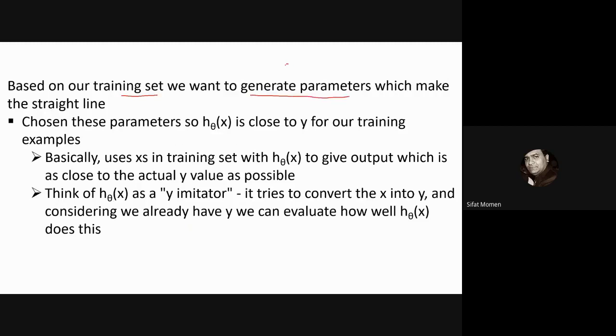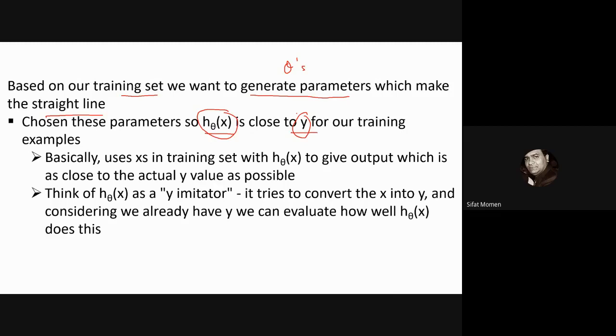Parameters means the thetas, right? Theta naught and theta 1, which make the straight line. It will always be a straight line, but we choose these parameters so that h theta x is very close to y. I want to choose those thetas in such a way that my predicted value and my actual value are very, very close for my training set. Is it clear?